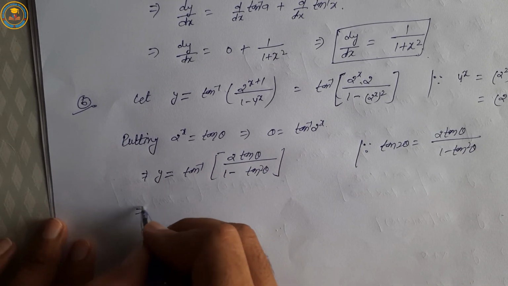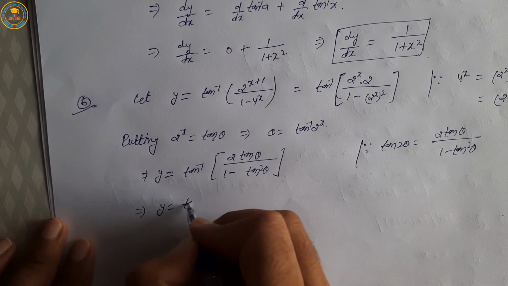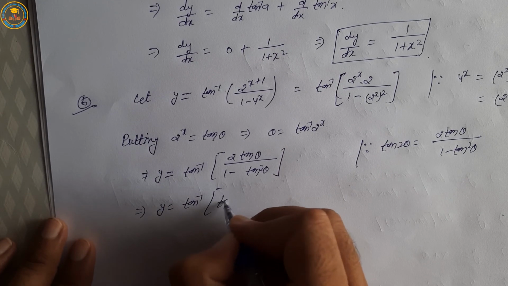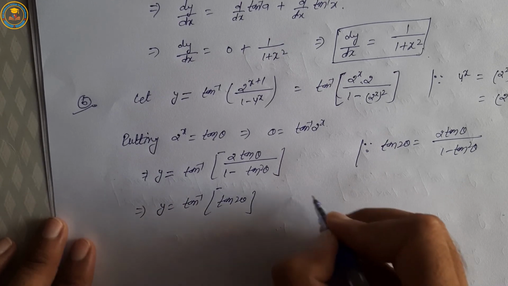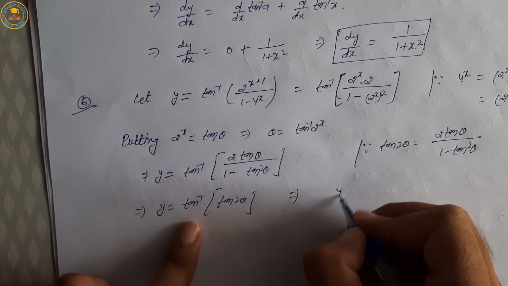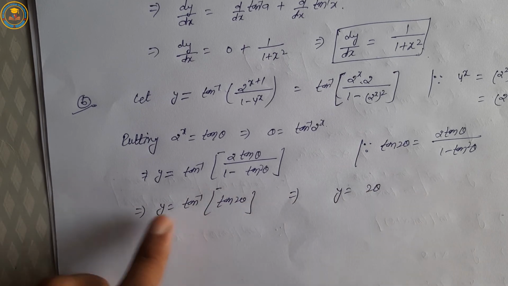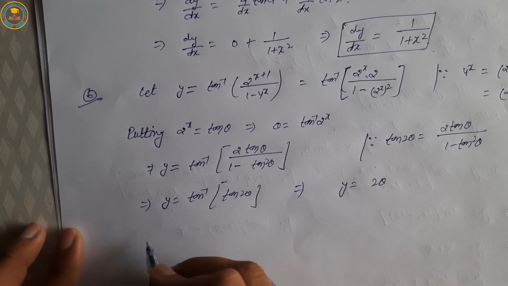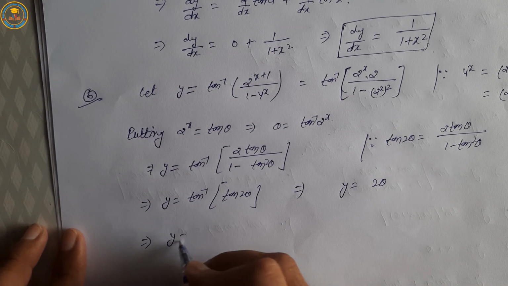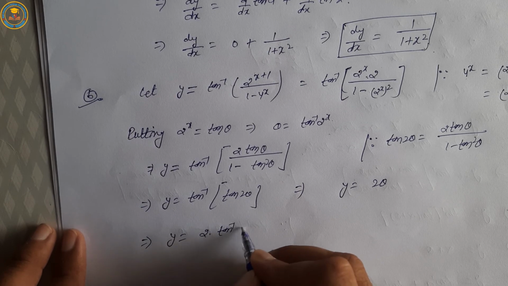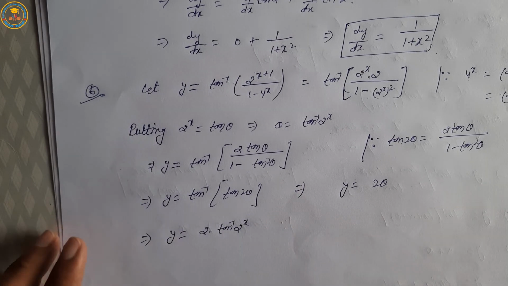The formula of tan 2 theta is 2 tan theta upon 1 minus tan square theta. So y is equal to tan inverse tan 2 theta, which is 2 theta. Theta is equal to tan inverse 2 power x, so y is equal to 2 into tan inverse 2 power x.